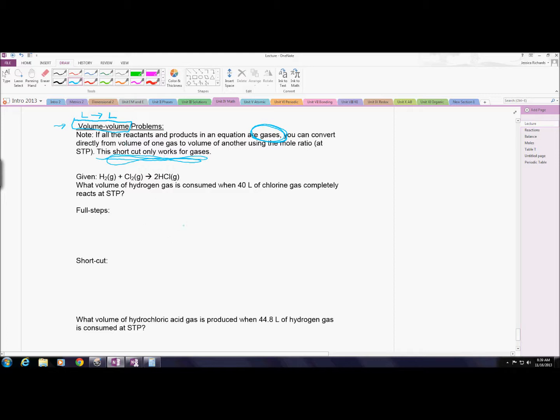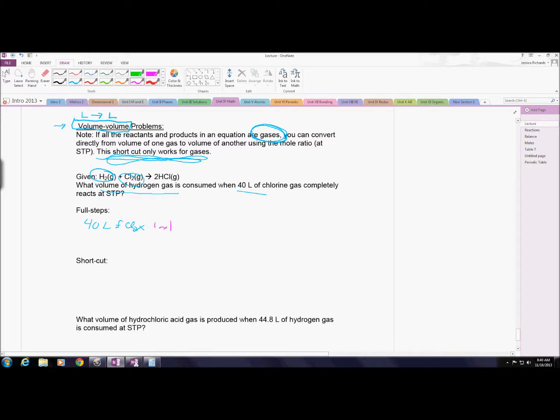Alright, that being said, here's how the shortcut works. This question wants to know what is the volume of the hydrogen gas when we use 40 liters of chlorine. So here's hydrogen, here's chlorine. I start with 40 liters of chlorine. Now when I do the factor label problems, I do this in one big long problem. So the first thing that I would do is say, well, that's not in moles.